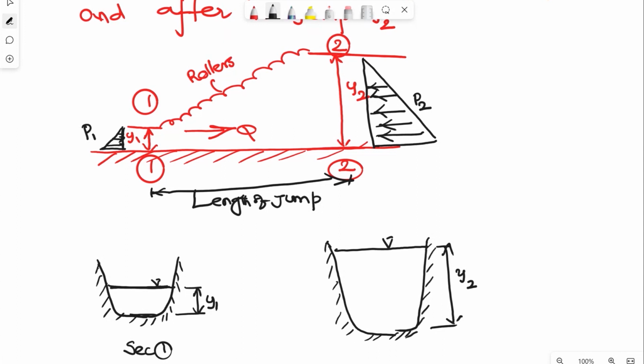Now, suppose I plot a curve taking x-axis as F, I will tell what F is, and y-axis the depth of flow y. Then I get a curve like this.